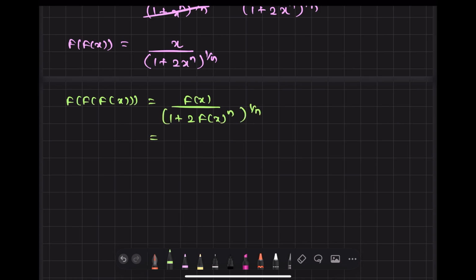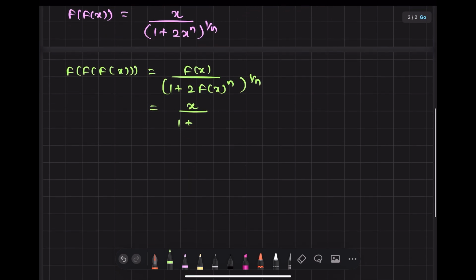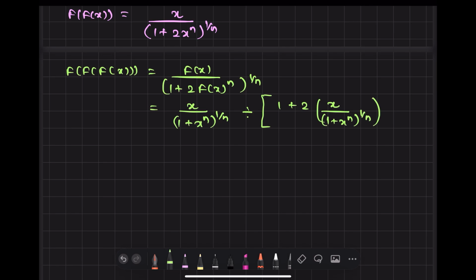We will do the same manipulation again. f of x was x by (1 plus x to the power n) to the power 1 by n, divided by the same thing. Okay, 1 plus 2 times x by (1 plus x power n) power 1 by n, power n, to the power 1 by n.